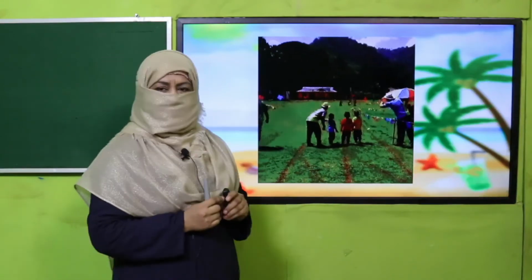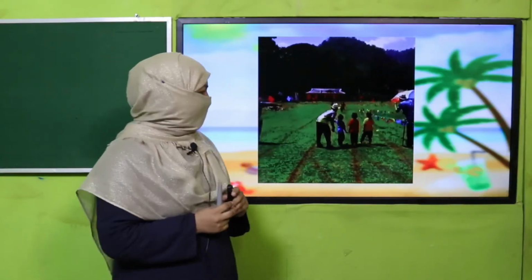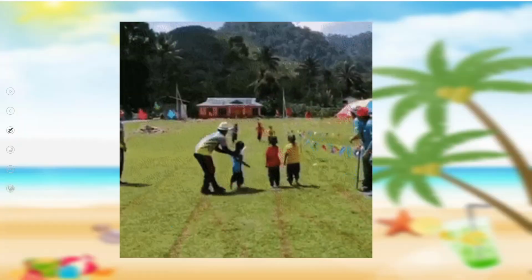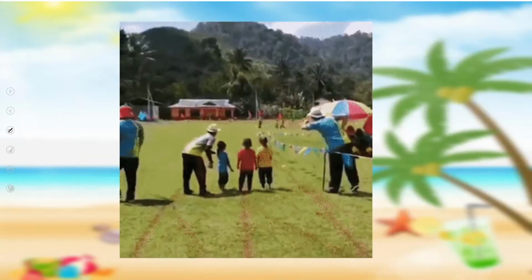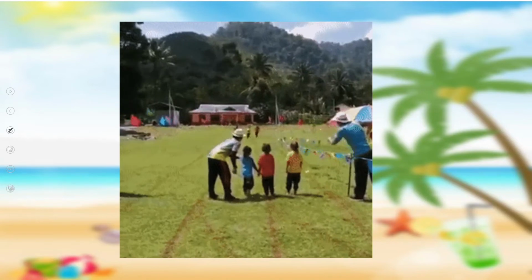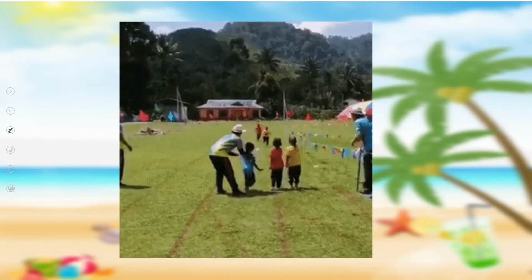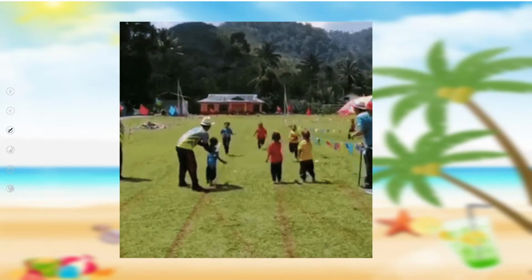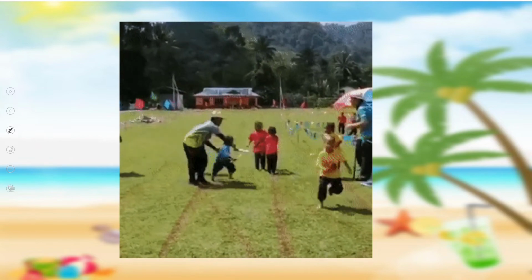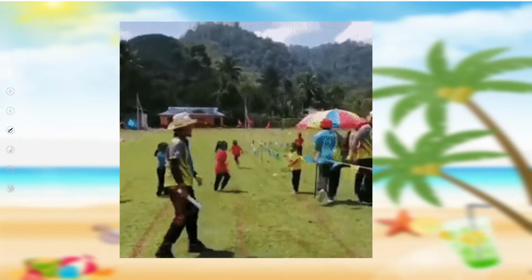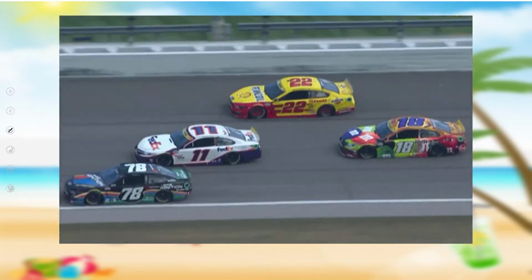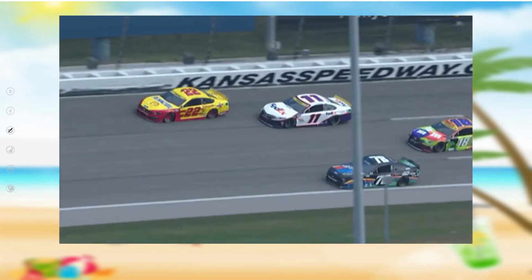Next, here is a race among students. Now you see, the one who comes on number 1 is first, then second, then third. First, second and third, right? So this is for 3 numbers, but as the number keeps on increasing, the position keeps on increasing. Look at this. Now you see there are more than 3.